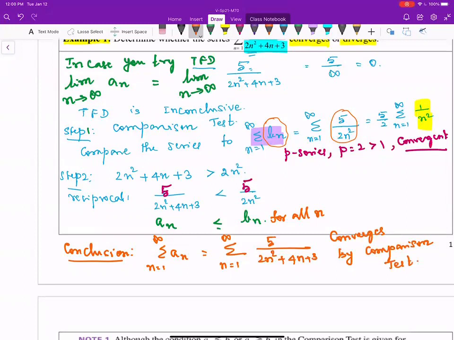Whenever you make any conclusion about convergence, you have to quote the test that you are applying. If there are any requirements you need to prove, you have to establish those requirements. Then you have to conclude why you are saying it's convergent or divergent.